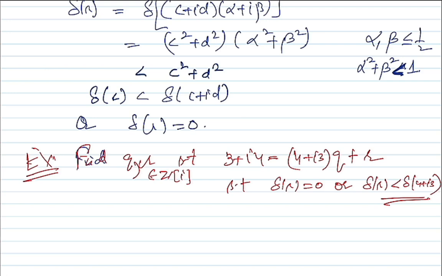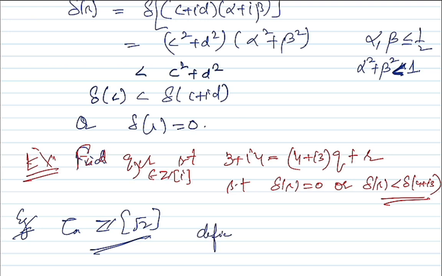Another example of Euclidean domain I will just tell you. So consider Z square root 2, the elements of the form a plus b square root 2 where a and b are integers.